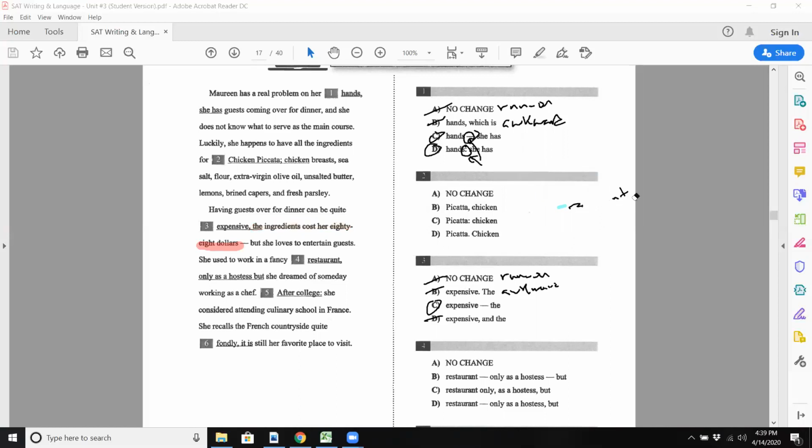Excuse me. Okay. So coming back here again. And then let me highlight this in green.